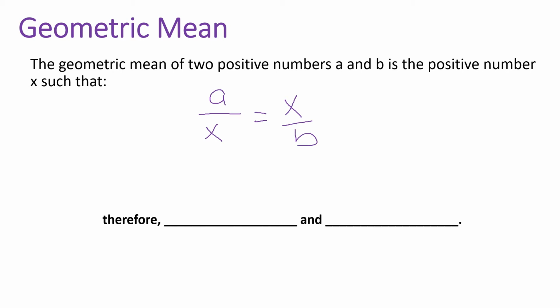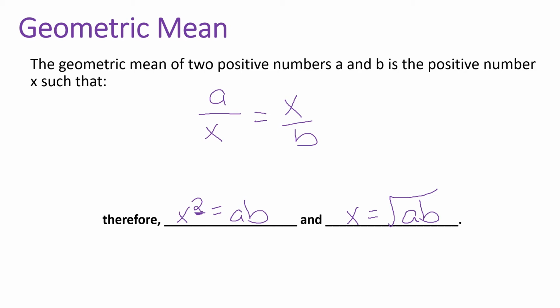Therefore, if we cross multiply, we can conclude that x squared is equal to a times b, and x is equal to the square root of a times b, because remember the inverse of something squared is to take the square root of it. So if we were to take the square root of x squared, we would be left with x is equal to the square root of a times b.